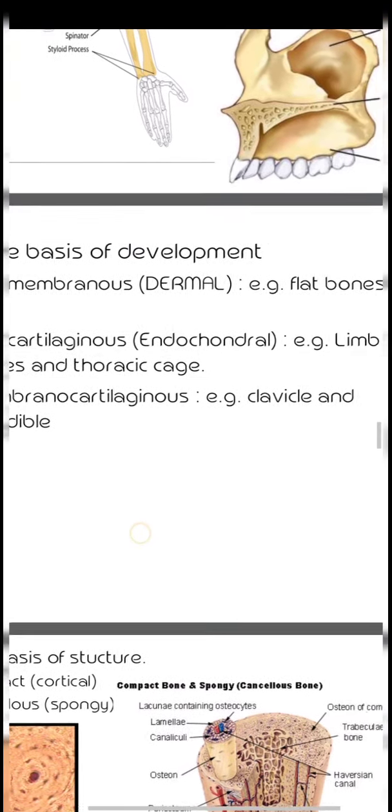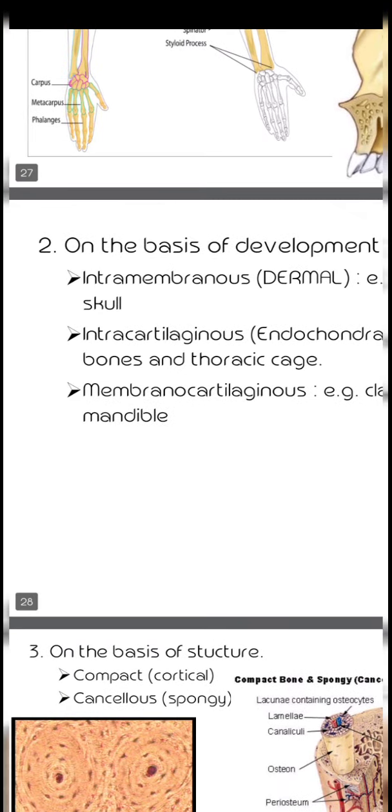We've already discussed these. These bones arise from endochondral ossification. They have a cartilaginous model where multiple ossification centers appear, and then the bone is formed based on that model.